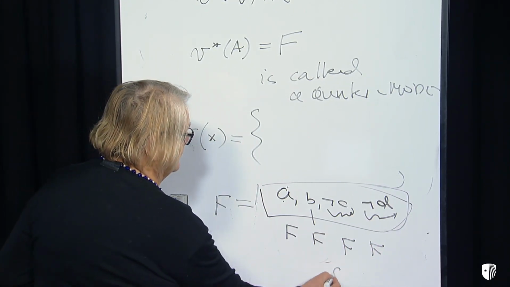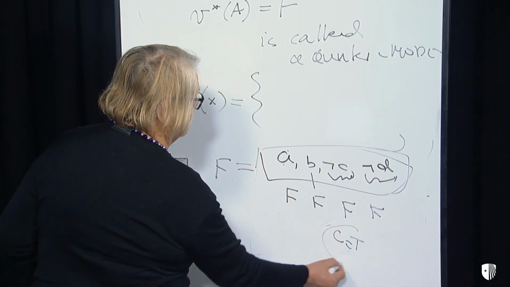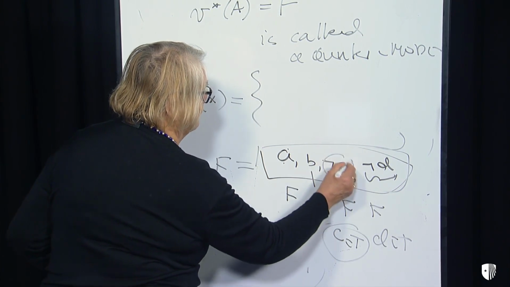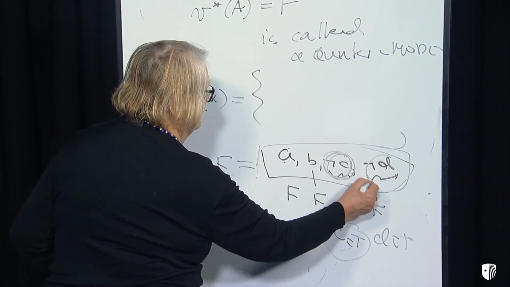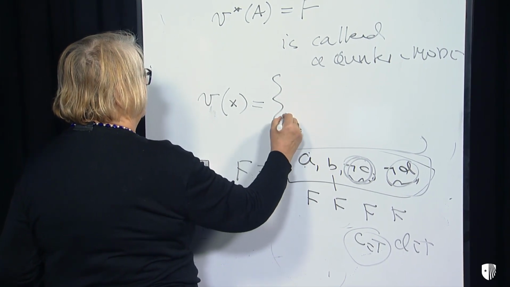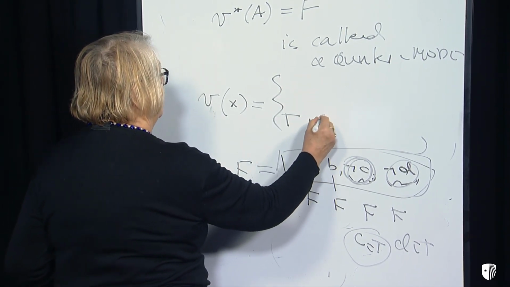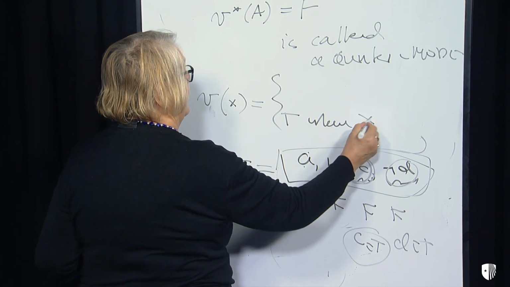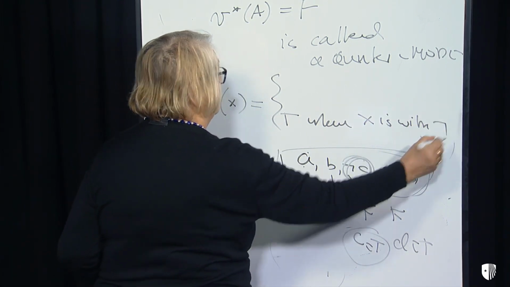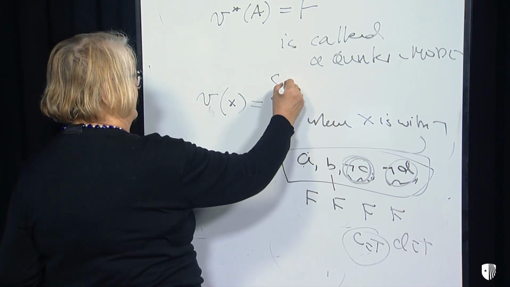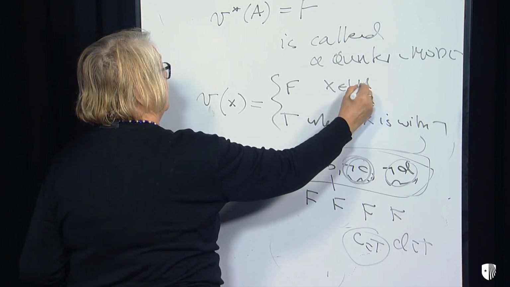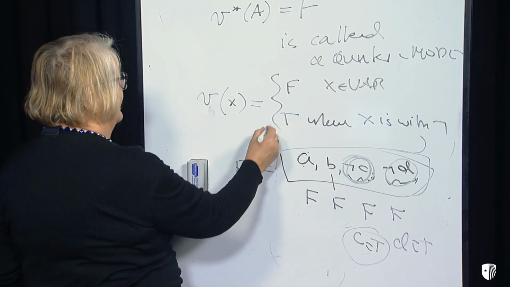So what does it mean? C must be T, and D must be T. So if variable is with negation, so T when X is with negation, and you put F when X is just a positive literal.